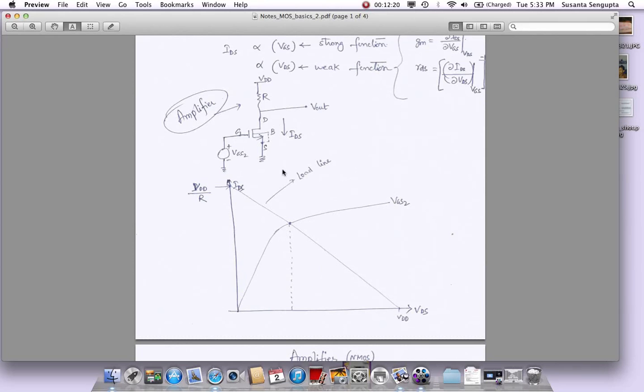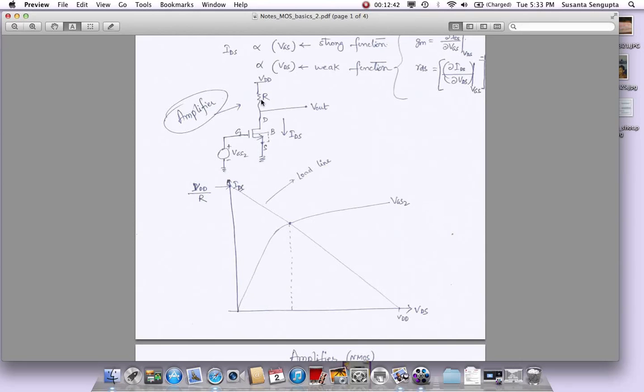But we want to know what the VDS is. Sometimes simulators can solve it very easily, but we can also solve it by hand. What is the value of R, and where will it be biased? All these values of VDS are possible, so how do we find it? We find it through something called the load line. So this is the R.